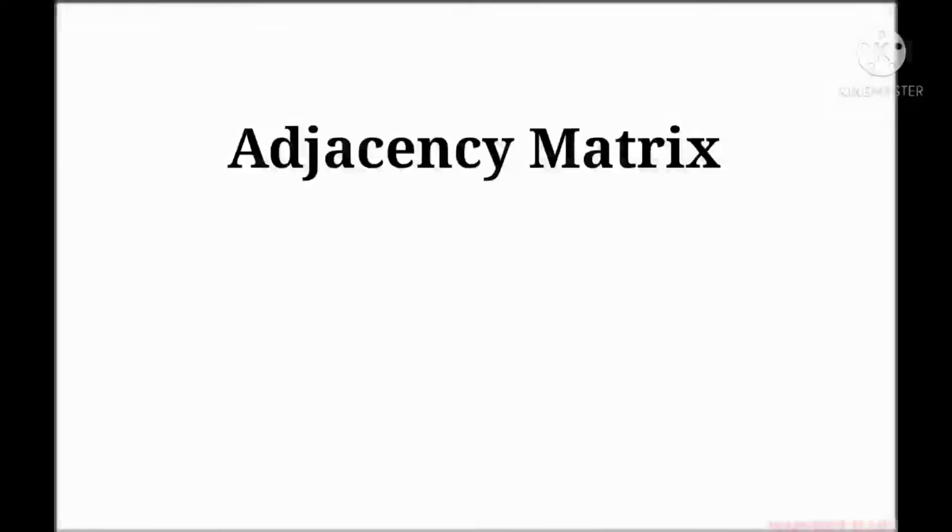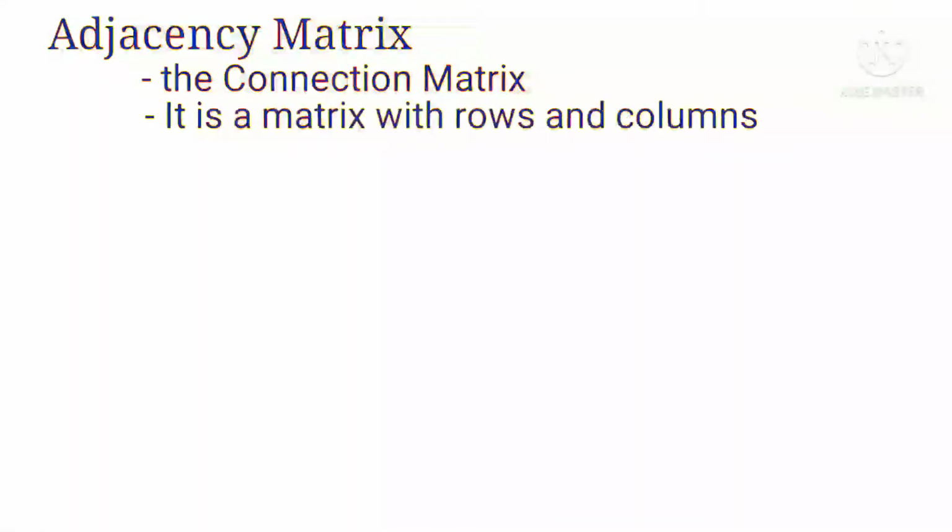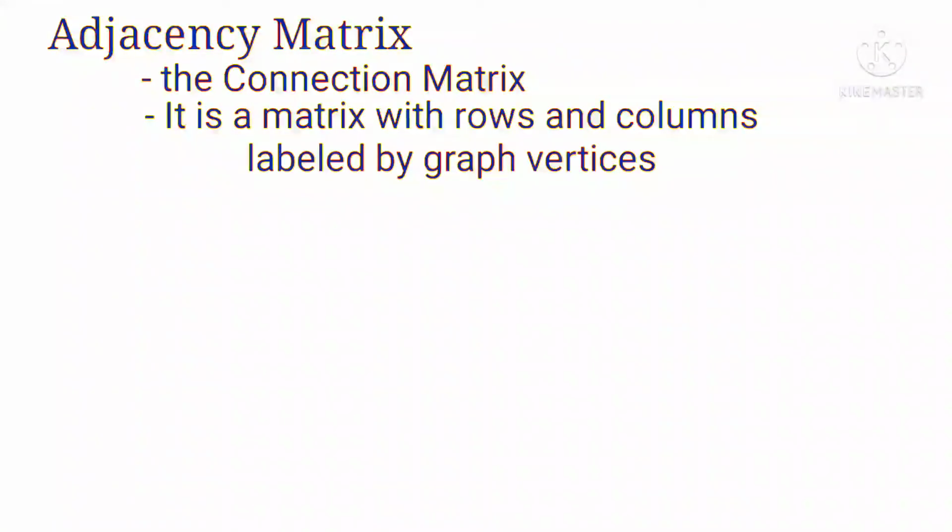There are two methods in solving the Warshall algorithm: the adjacency matrix and the Boolean sum. The adjacency matrix, or connection matrix, is a matrix with rows and columns labeled by the graph's vertices.